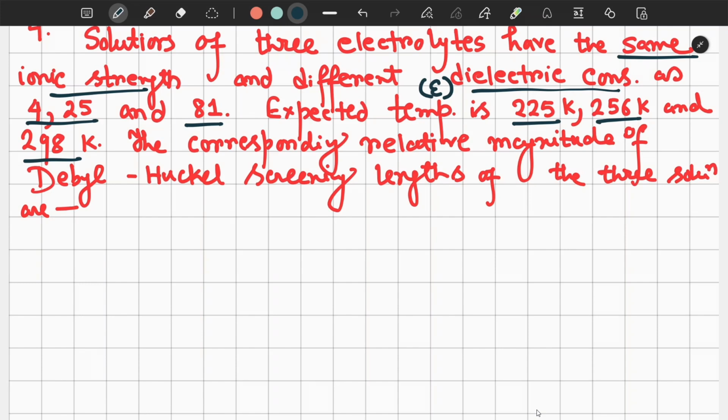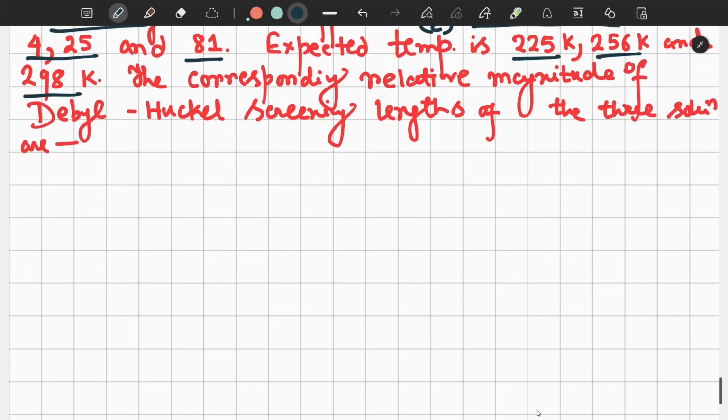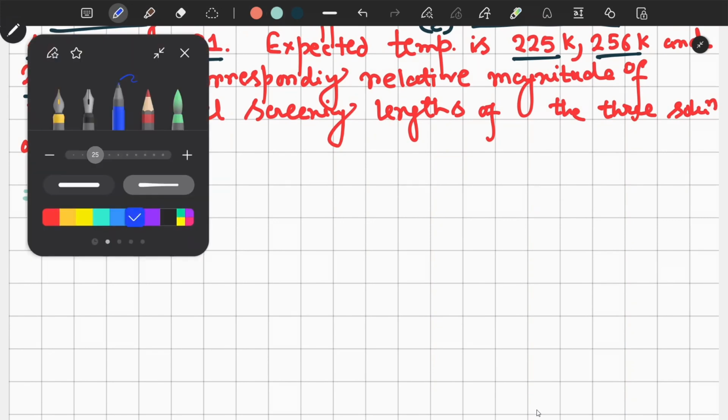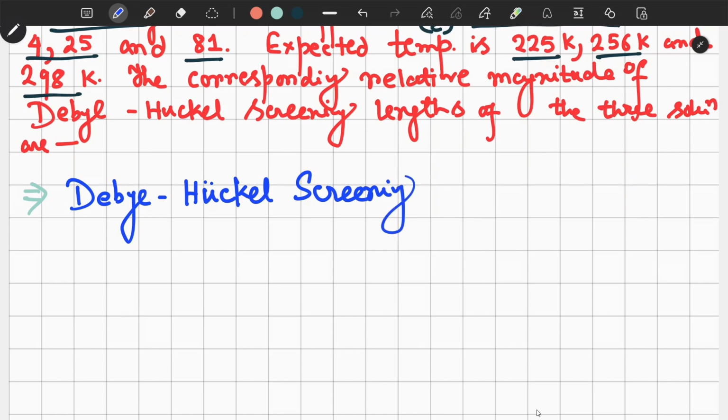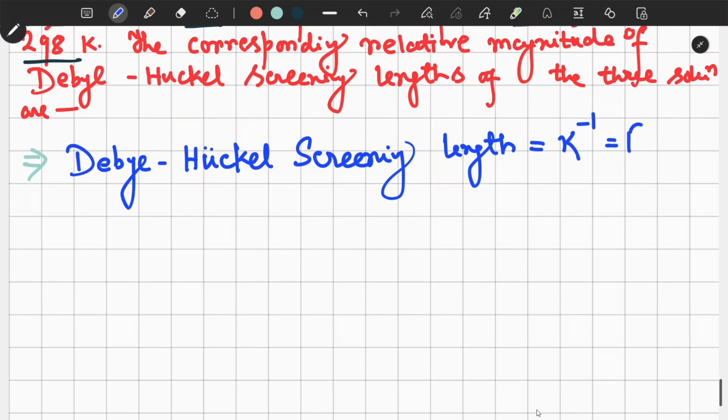So what is the formula? Let me write. The Debye screening length is denoted by kappa inverse, or RD.